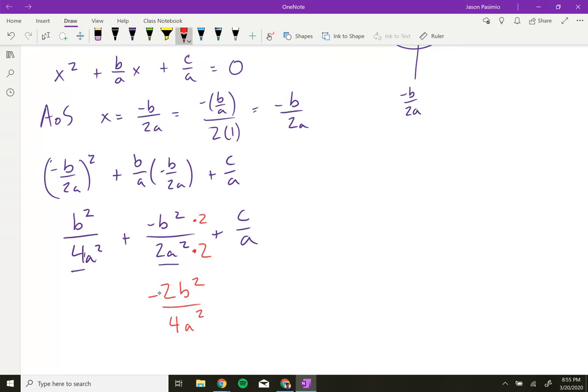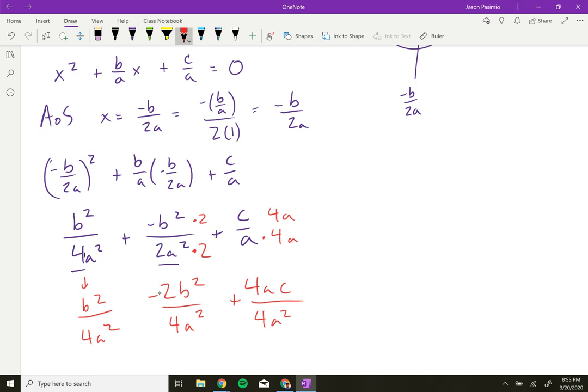Now, in order for this one to work nicely, I would have to multiply it times 4a. So that means I would get plus 4ac over 4a squared. I'm going to bring this one down, b squared over 4a squared.